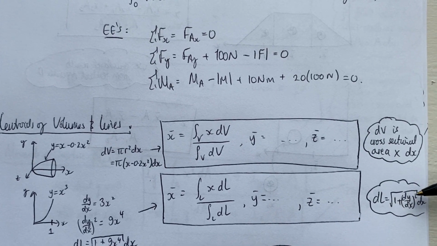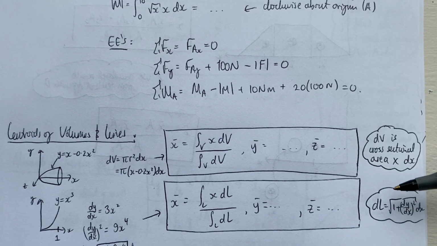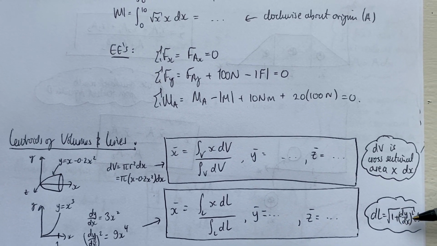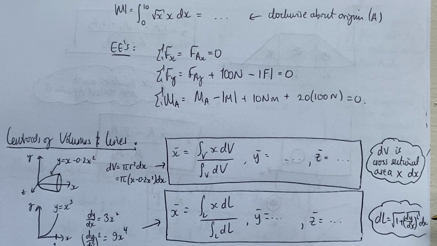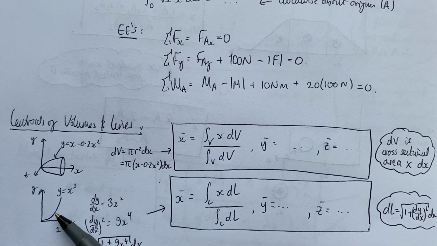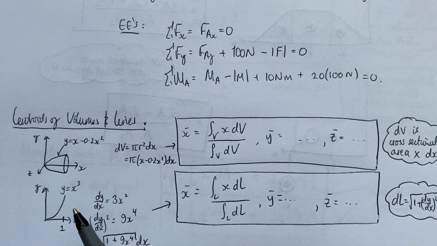And we calculate that by saying, well, we do a bit of trigonometry, right? We say that dL is the square root of dx squared plus dy squared, which we can rearrange into this formula here. So all I've done is taken dx out so that I can calculate the derivative of the equation of the line that I'm given and stick it into here. So that's what I've done here.